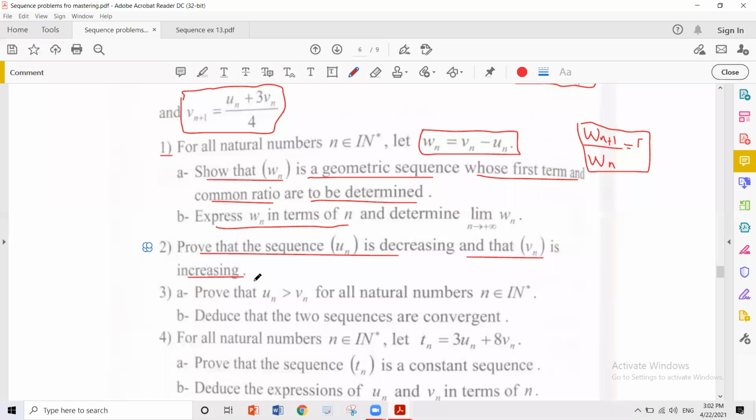I will do a test on this lesson. To prove decreasing, Un plus 1 minus Un should be negative. For increasing, Vn plus 1 minus Vn should be positive.